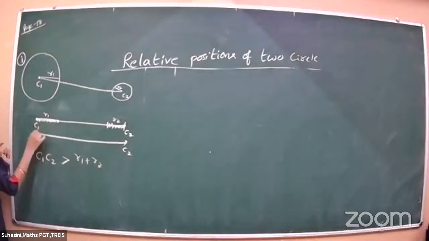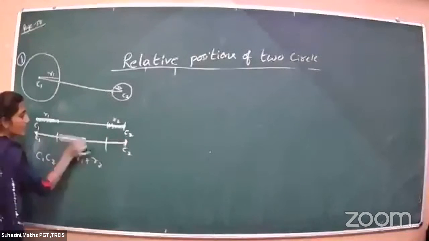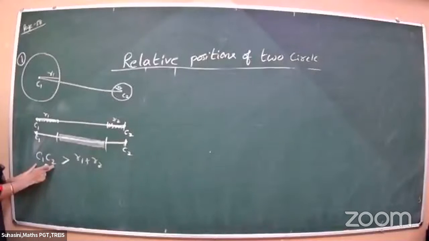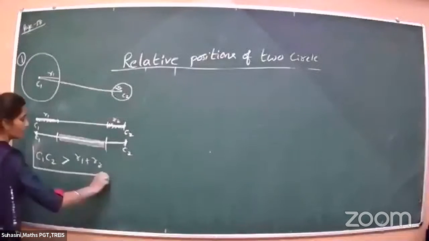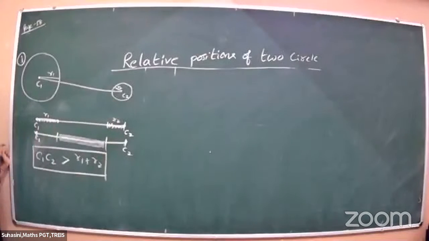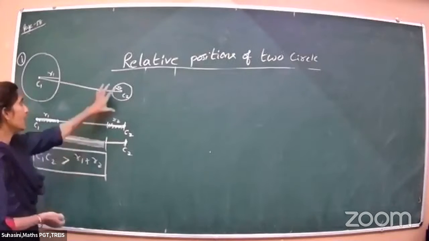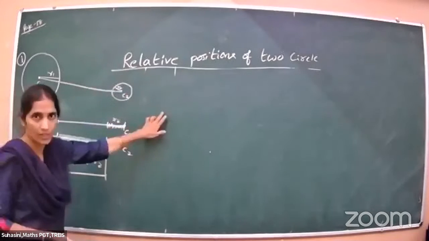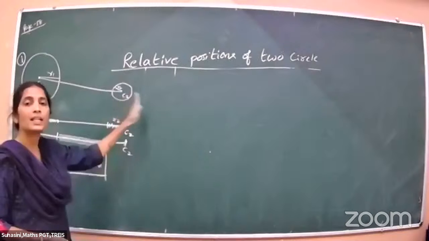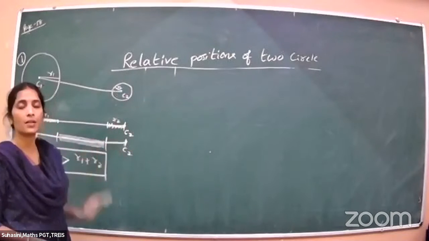The length of R1 goes only from here to here, and R2 only here, so the length C1 C2 is more. So this is the condition required for the circles to be apart so that they don't have any common point. One circle lies in the exterior of the other circle, completely outside, and they do not have any points in common.